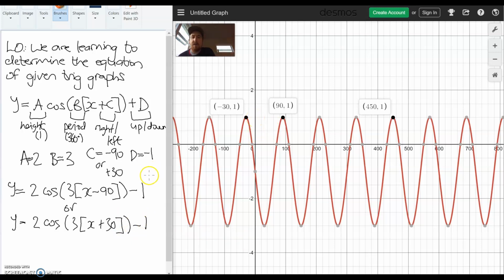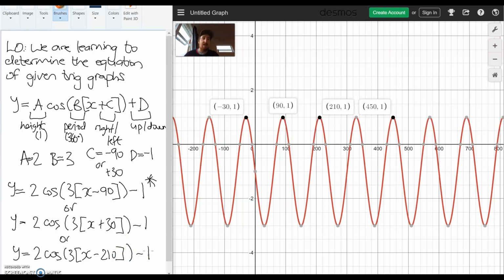I just want to note we typically like to deal with the portion of the graph between 0 and 360 degrees, so I'm thinking the negative 90 would be better. But you might think the starting point might have moved all the way over here to 210. So another variation of the answer could have been cos 3x minus 210 minus 1.